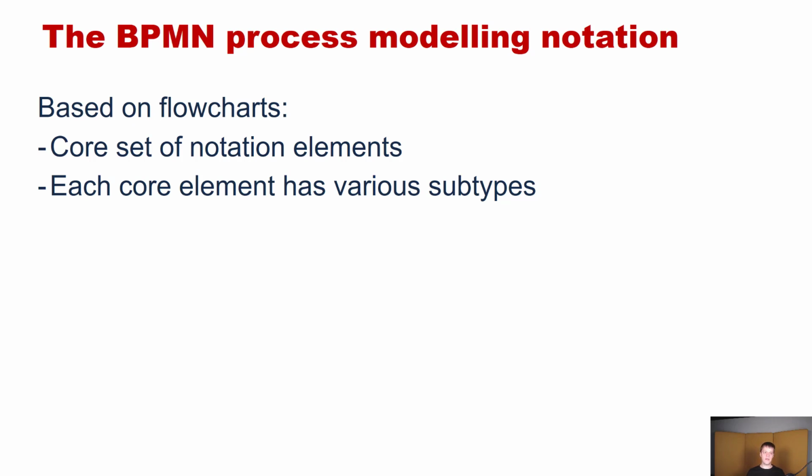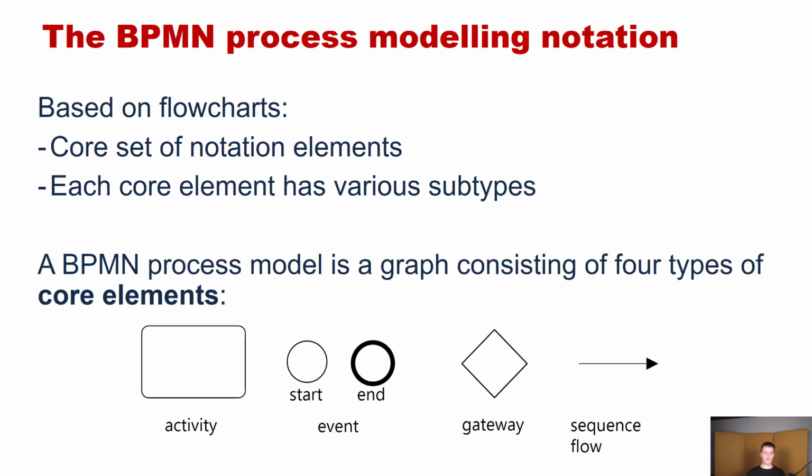This notation is based on flowcharts. It has a core set of notation elements, and each core element has various subtypes. Some of these elements we are already familiar with, for example activities, start events, and end events. Gateways is something that we will be discussing in later slides, but this is a new element not present in the process maps.